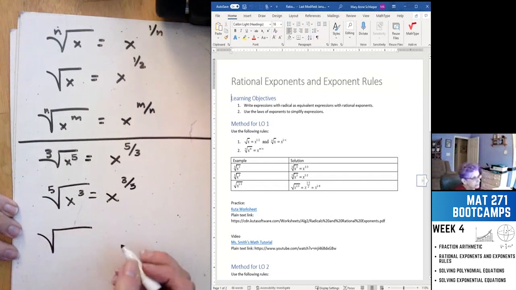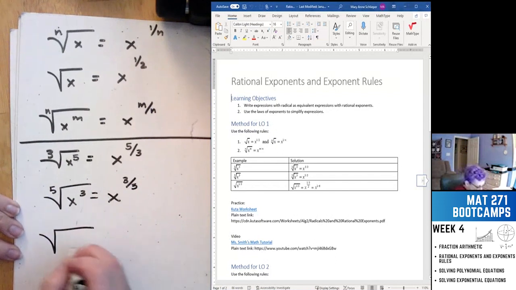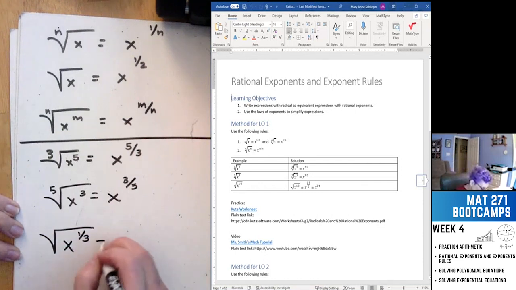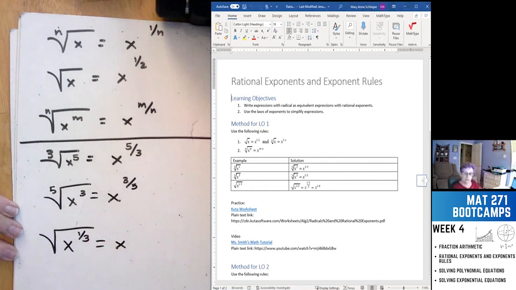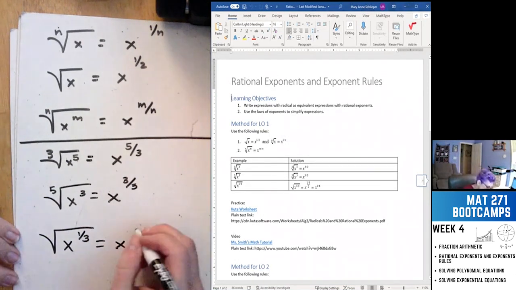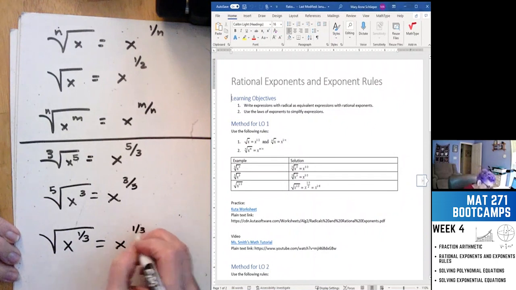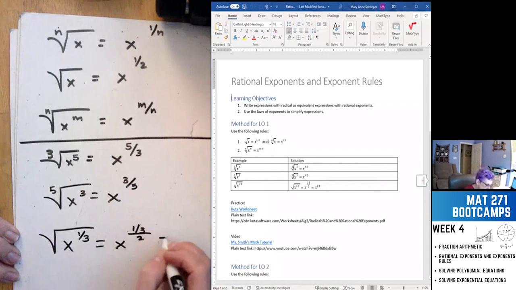Now this is a weird one because we have the square root of x to the 1/3 power. It still works the same way. The 1/3 goes on top, divided by the invisible 2 that's right there.